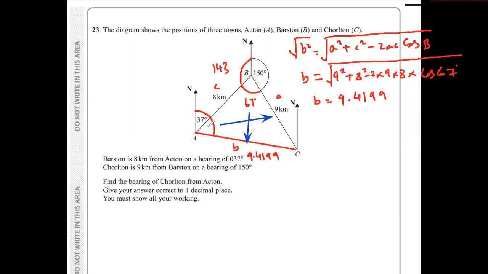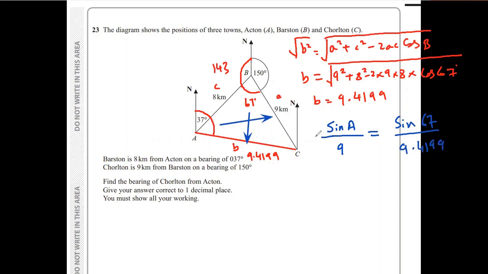So what we have to work out is the angle A. That's why we write sine A over, what's the side opposite to this? It is 9. And that equals sine 67 over 9.4199.